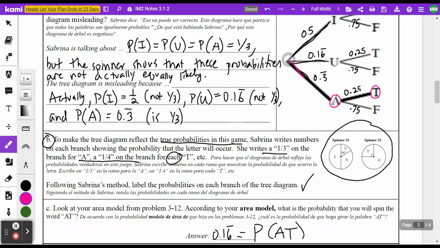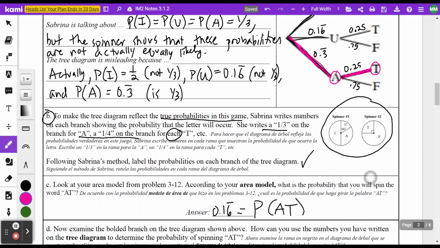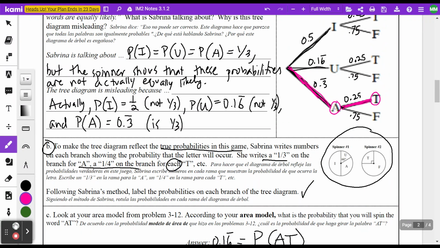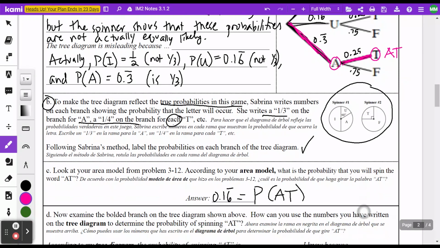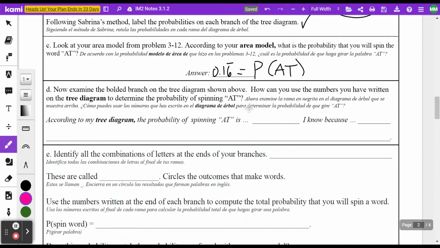I would go to A and then to T. And I would be multiplying 0.3 repeating by 0.25.